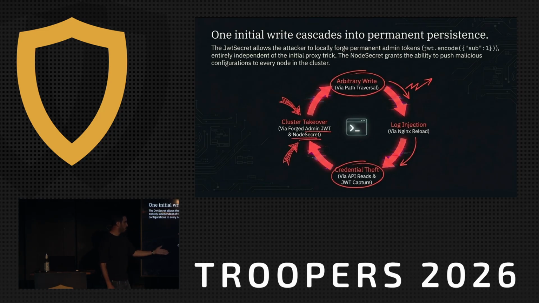We were able to steal secrets from the admin user, and then using that, we can take over the entire cluster. And that's just one scenario out of many, because again, once you have the ability to run over the configuration of the Nginx UI, basically, it's game over.